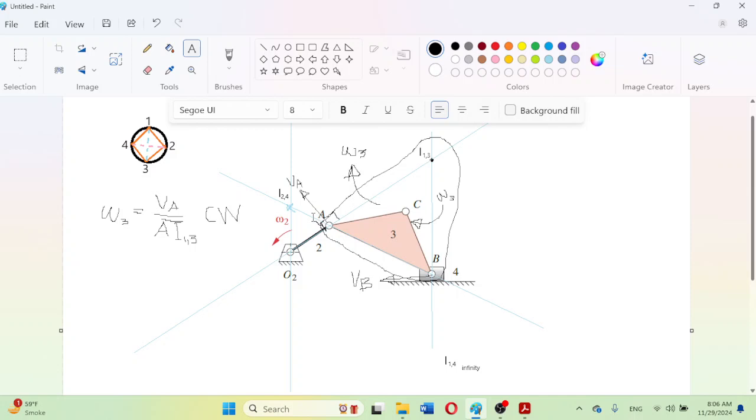So as we have observed in the article of angular velocity ratio and mechanical advantage, it may be required to find the angular velocity ratio as well.